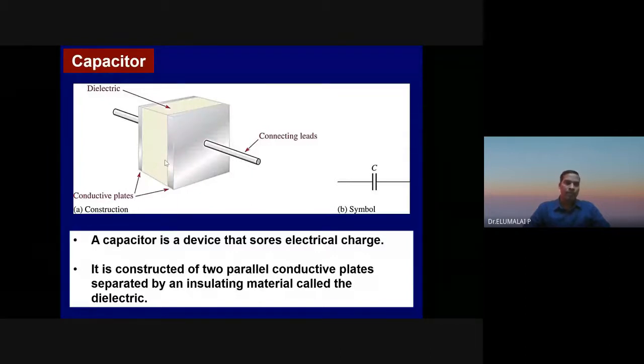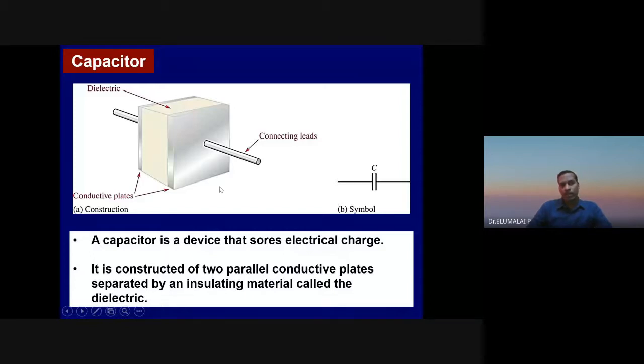If you sandwich them with an insulator, typically a dielectric, then you can term this device a capacitor or condenser. This is the circuit symbol used to characterize a capacitor, as you know.